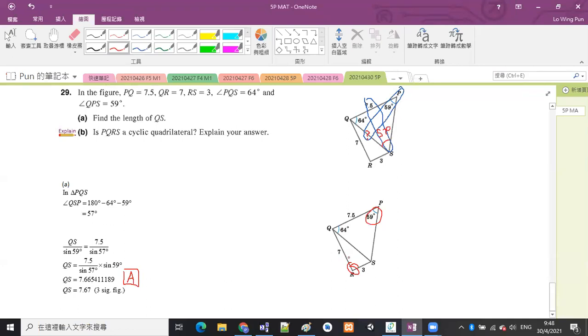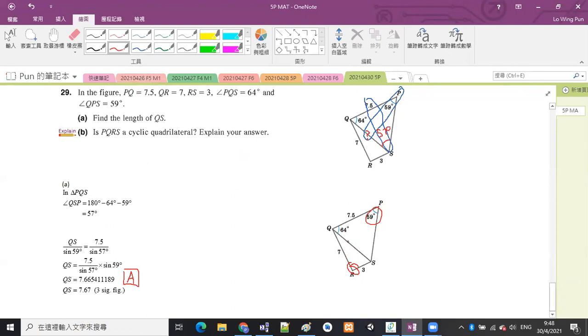If it is 180 degrees, we say yes, it is a cyclic quadrilateral. If the sum of them is not 180 degrees, then we say no, it is not a cyclic quadrilateral. Understand our plan?